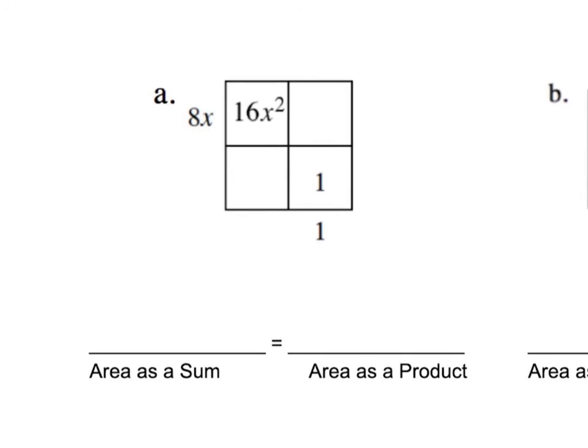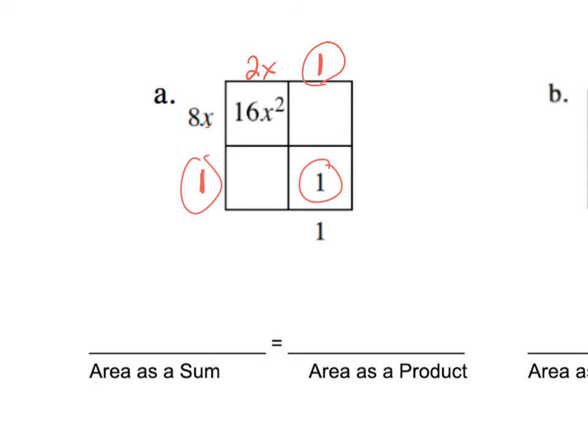Here's another one, again with partial information. This one right here, I'm going to write it up here, make it easier. 8x times what would give me 16x squared? Well, that would be 2x. And then if this box is 1, the only way to get that is if there was a 1 here and here.